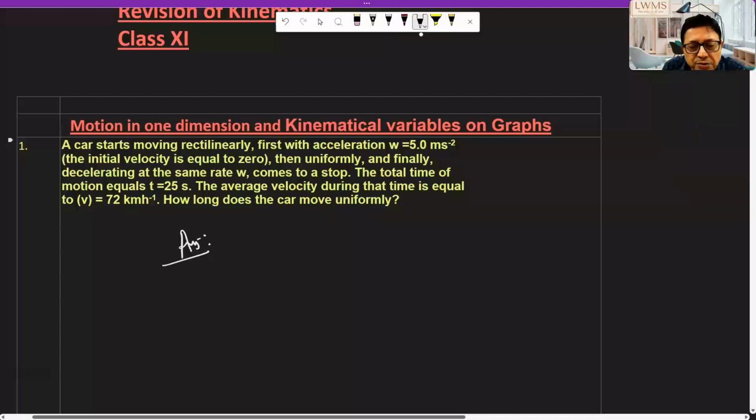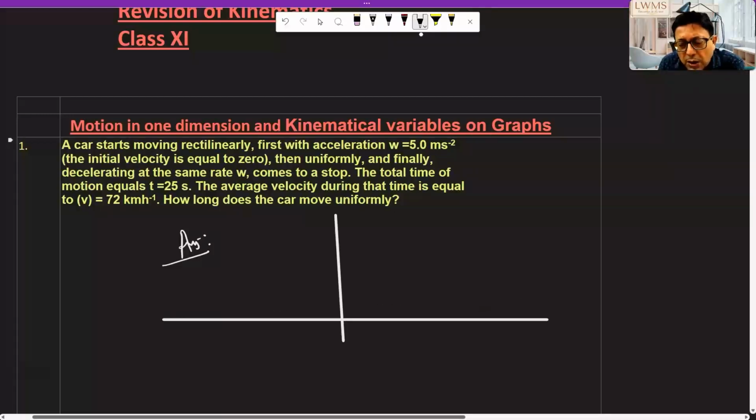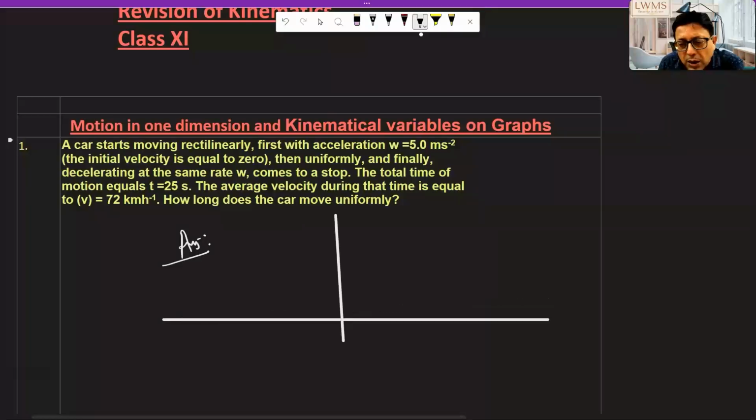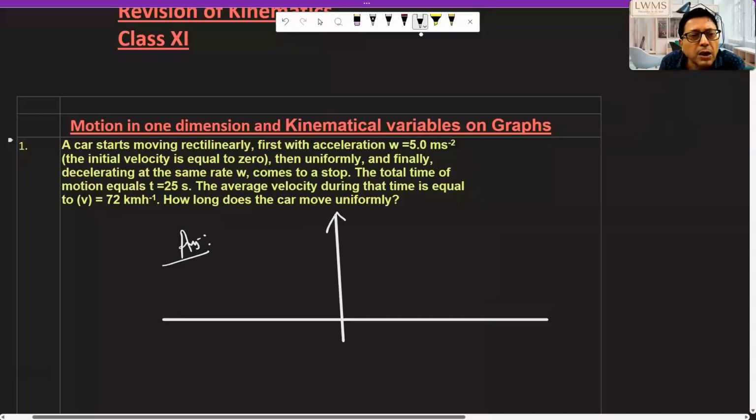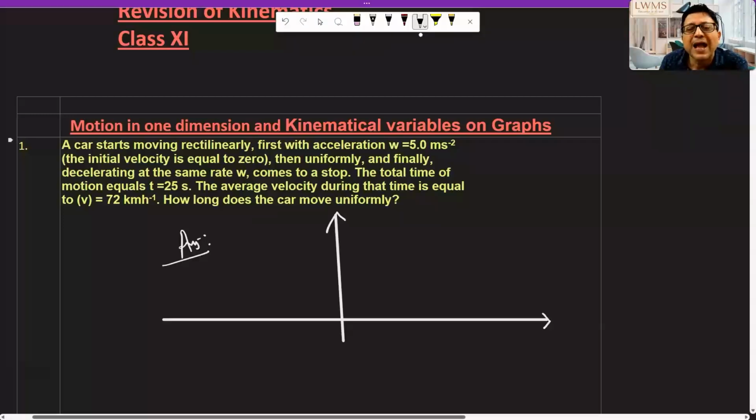No, I am going to use graphs. So this will be the velocity time graph.